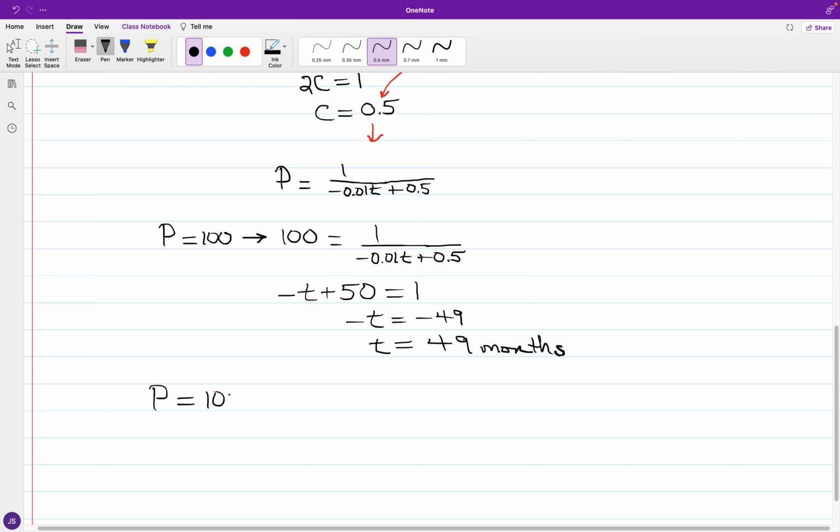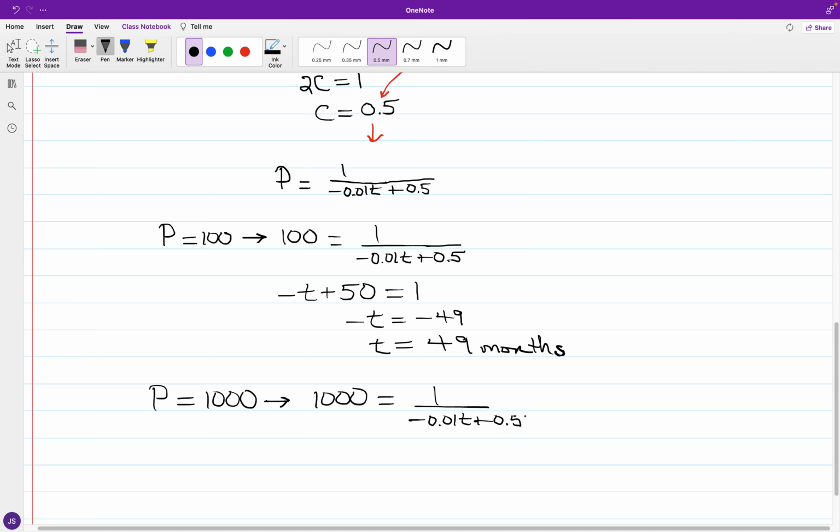And for the remaining portion, we're now looking at how long it's going to take to get to 1,000 rodents. Same formula, but we now have p at 1,000, is equal to the reciprocal, negative 0.01t plus 1/2.